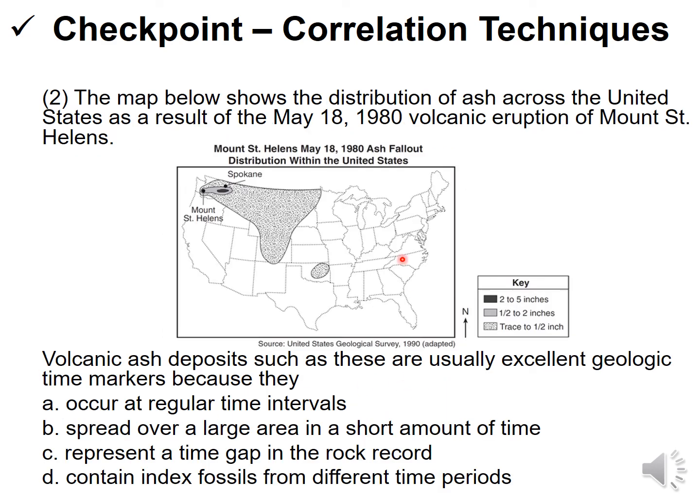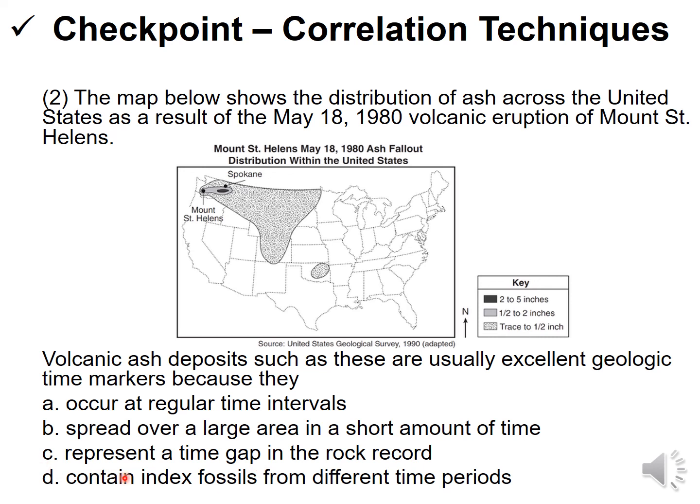Okay, this map shows a distribution of ash across the United States as a result of the Mount St. Helens eruption. Volcanic ash deposits such as these are usually excellent geological time markers because they: occur at regular time intervals, spread over a large area in a short amount of time, represent a time gap in the rock record, or contain index fossils.